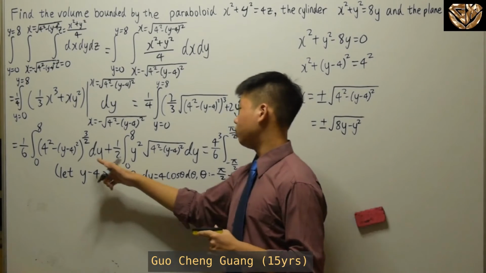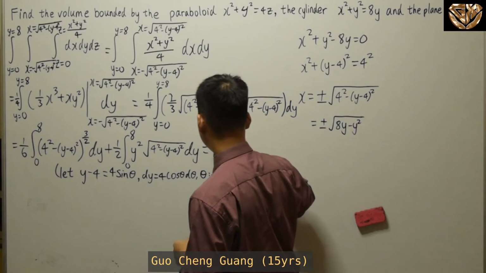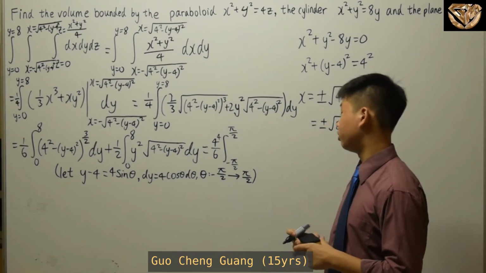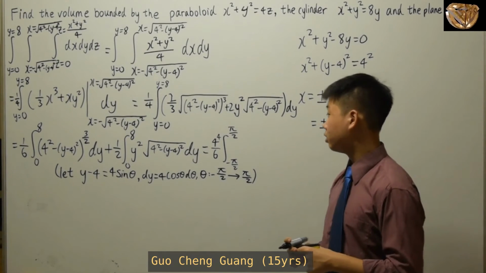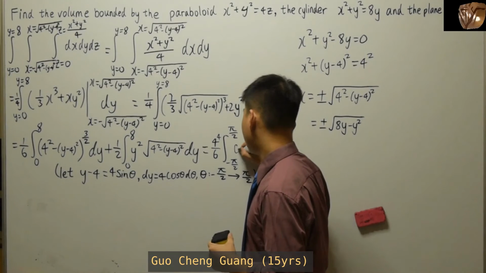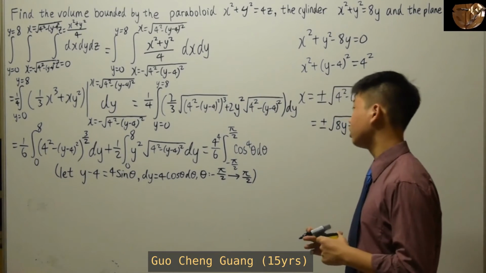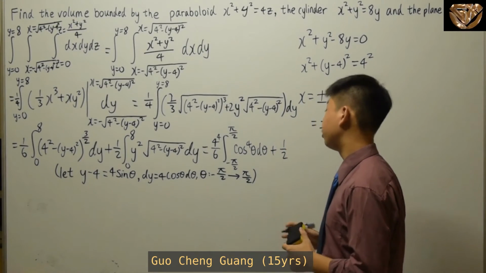But since for the dy you're going to have another 4 that comes out, it will actually be 4 to the power of 4. Right, so 4 to the power of 4 over 6, then integrate from negative half pi to half pi. Then you're going to see cosine to the power of 4 theta d theta. And then you have to add on half.